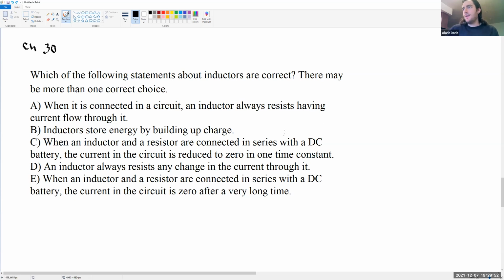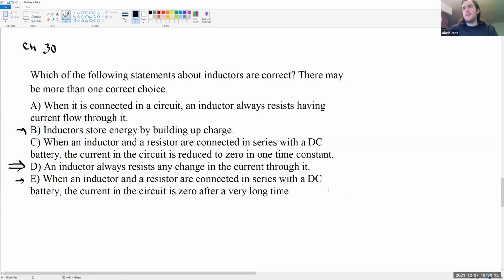Just some notes here. A lot of people thought B was correct and E was correct, but most people thought that D was correct. So almost everybody chose D, some people mixing it in with B and E as well.